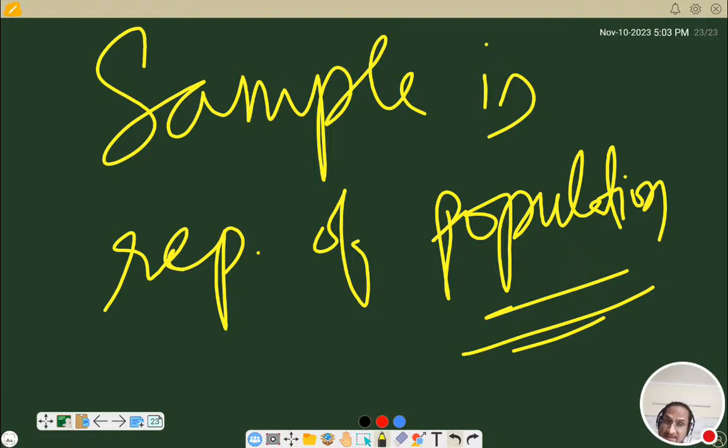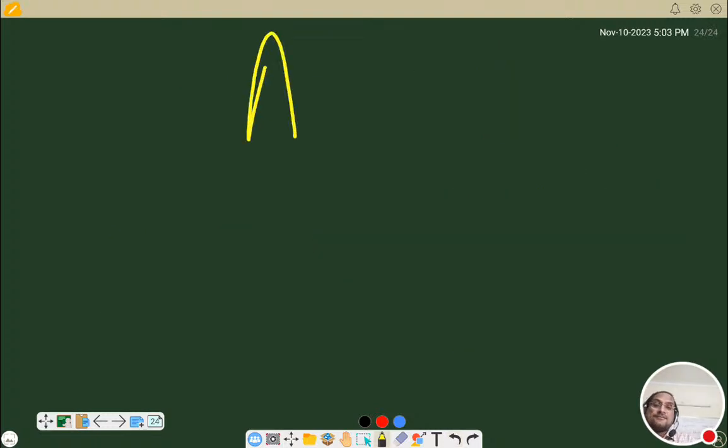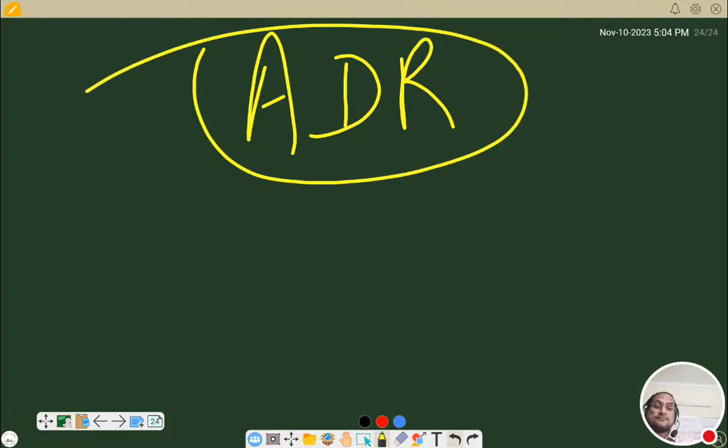That is, we can easily generalize it. It can be utilized for the whole population as well. So it will be like ADR: accuracy, detail, reliability. These three are the advantages of using the sampling technique.